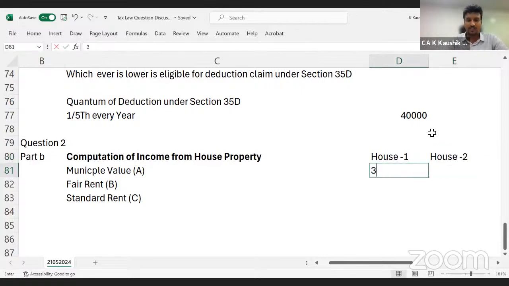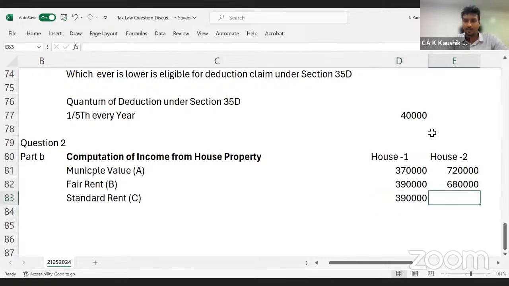Municipal value for house 1 is given as 3,70,000. So let me quickly put the facts: 7,20,000, 3,90,000, 6,80,000, and 3,90,000 of standard rent and 7,20,000.